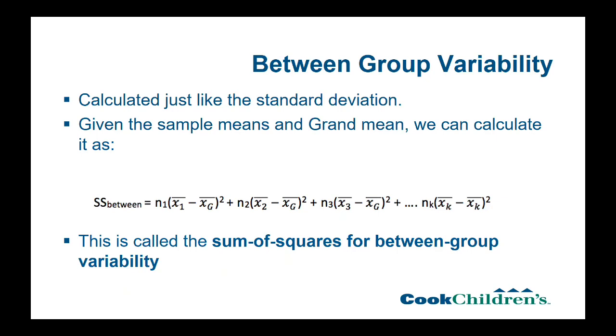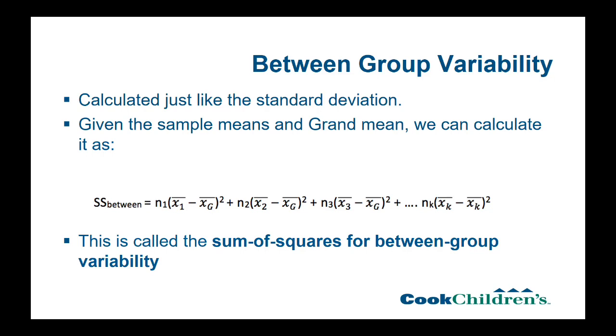So how do we calculate between group variability? It's calculated in a similar way to standard deviation. Given the sample mean and the grand mean, we can calculate the sum of squares for between group variability based on that formula. You subtract the grand mean from that group mean.